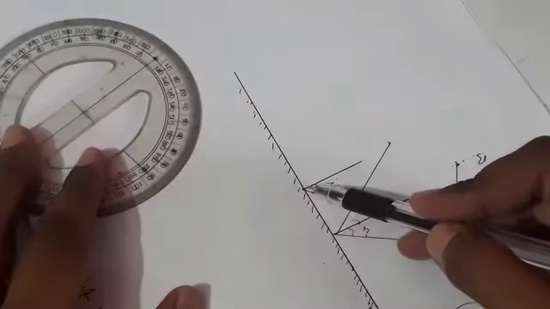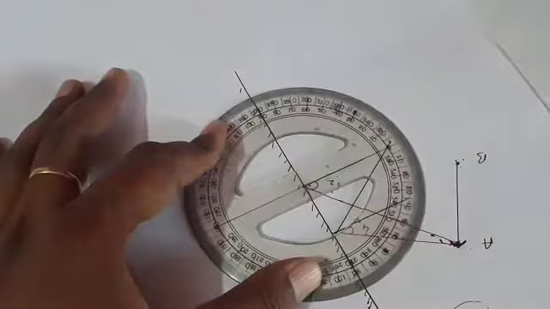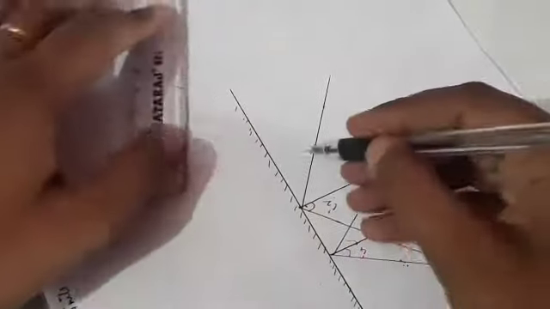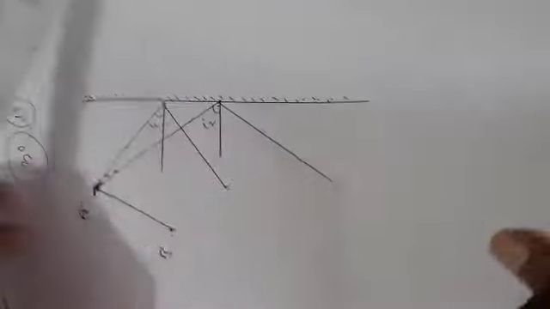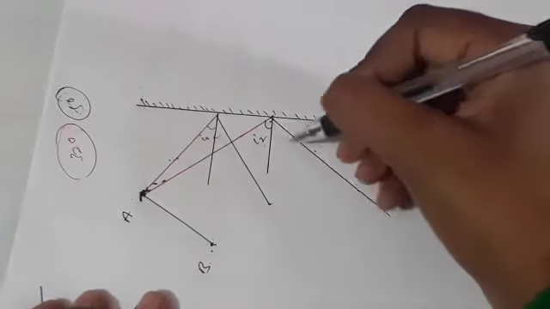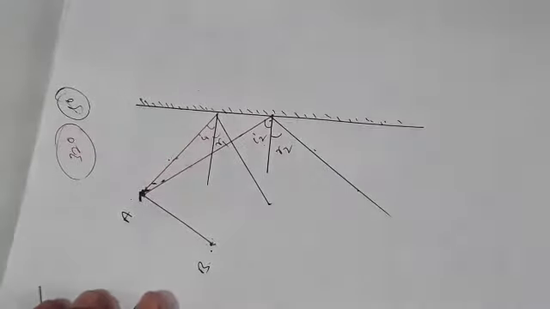We can measure the reflected angle here also as 50 degrees. So this is our 50 degrees, class. We can join these two points also. So this is our reflected ray. Now class, this is 32 degrees, this is 50 degrees. So this is our R2, this is our R1.